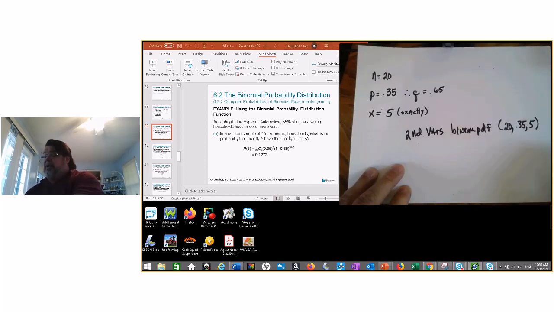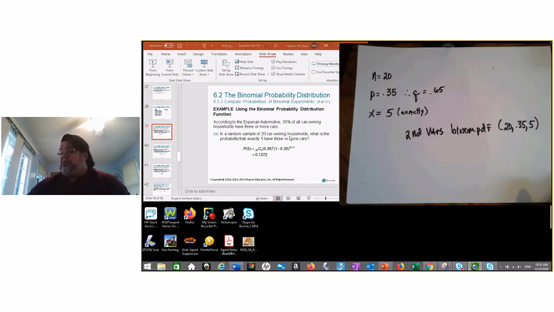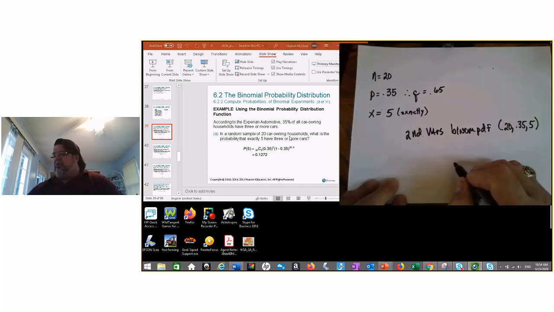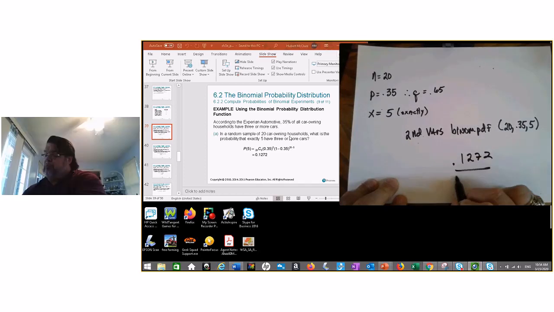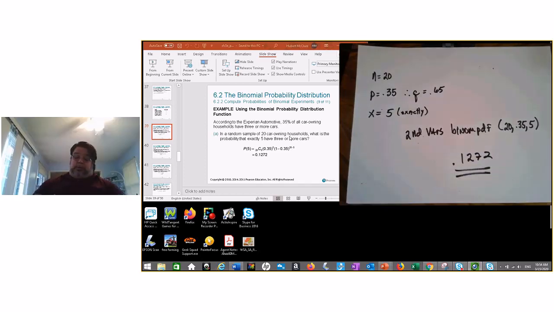Now, in newer calculators, it's going to say trials, and then it's going to say probability, and then it's going to say, I don't know, X trials or something like that. And you type in those numbers, and it will give you 0.1272. Okay?